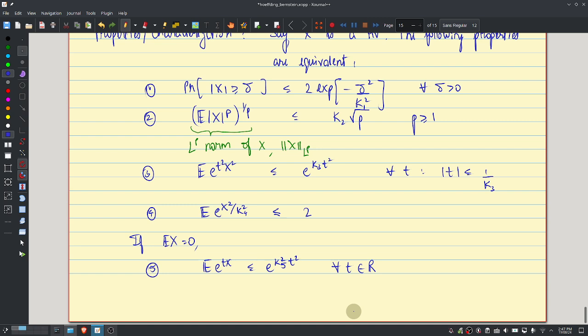All right. So if a random variable satisfies 1, then it satisfies 2 and vice versa. The same thing holds for any pair of properties.